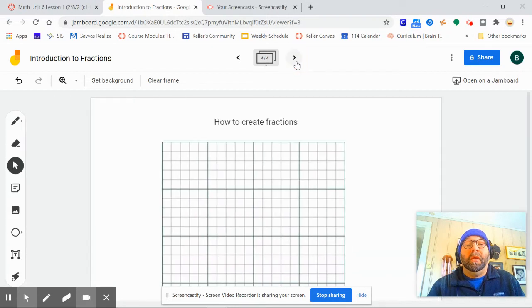The next thing we're going to talk about is how to create these fractions. I have this grid paper, and you have access to the visual online fraction creators as well as Whiteboard FI that I've explained in the previous videos. I like to use this because we can draw on it.